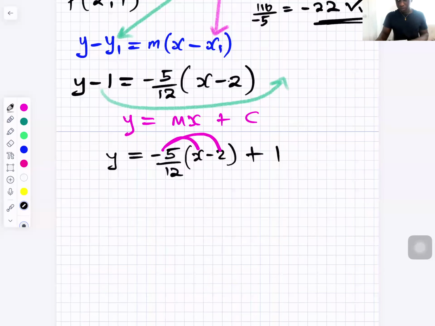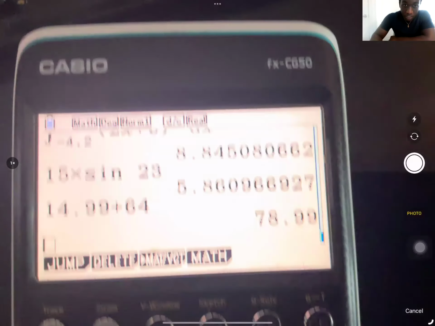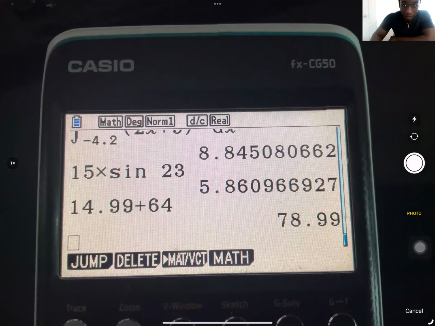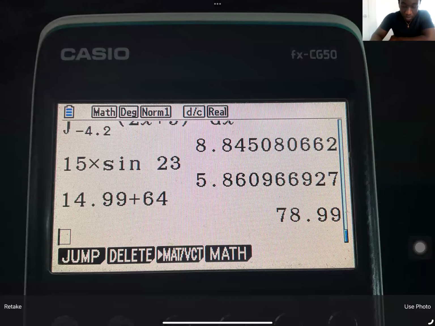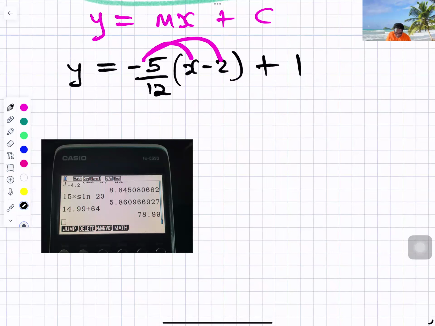Every calculator has a name on the front. Casio. Oh yeah, I have Casio. I thought you meant the FX thing on the bottom. This one is CG50. Do you have this one? Yeah. Okay, so that's the one that's very important.